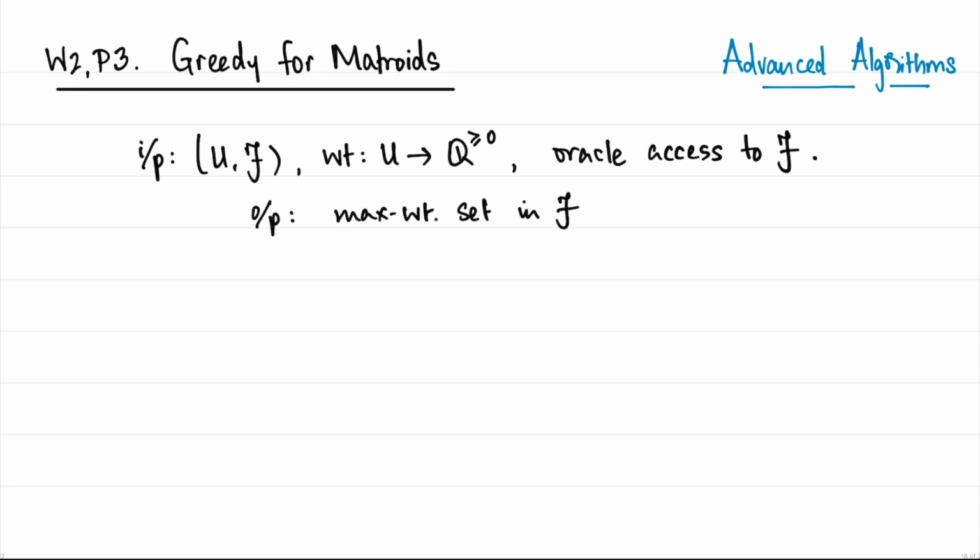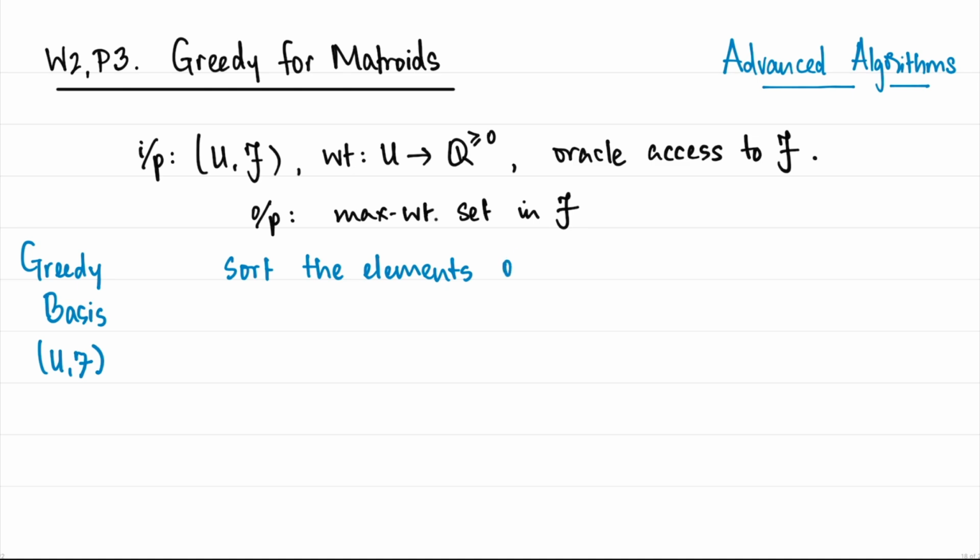That's our setting. Alright, so now let's talk about the greedy algorithm that we have. Following the terminology that we will be using in the notes, I'm going to call this the greedy basis algorithm that takes U and F as input. What we're going to do is sort the elements of the universe in decreasing order of weight.